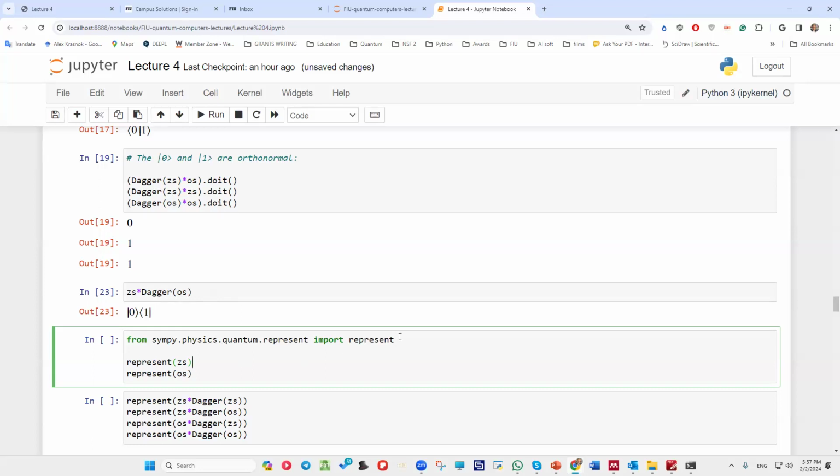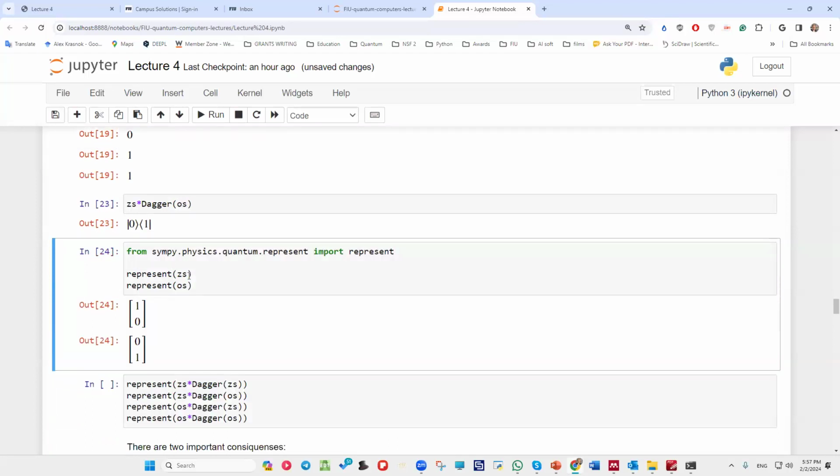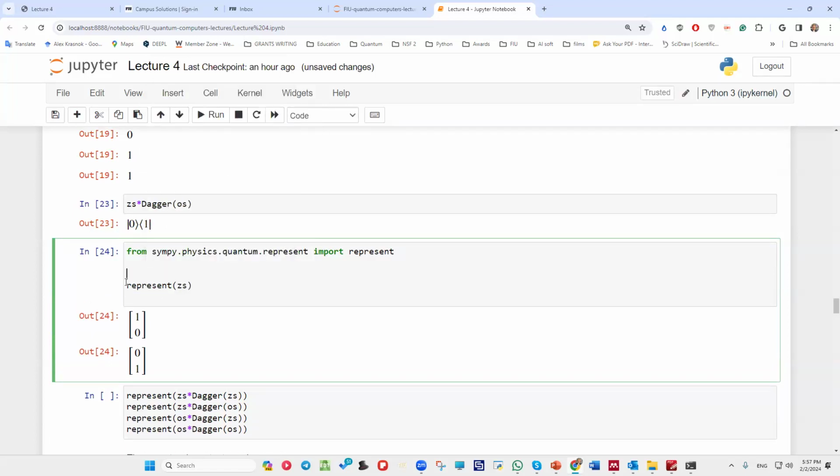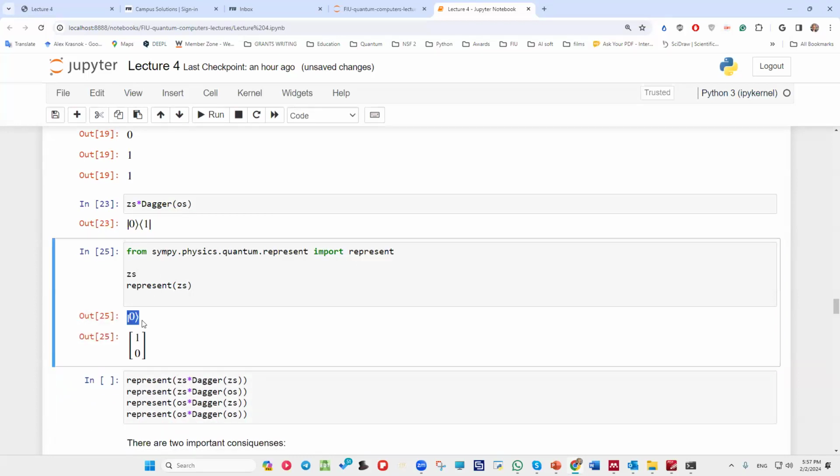In order to do so, I also import this represent function from SymPy Physics Quantum. This allows me to represent this vector. Let me remove this one for a moment. Let's say I have this vector 0, which is 0 ket. Using this function here, I can return its matrix or vector representation 0, 1.